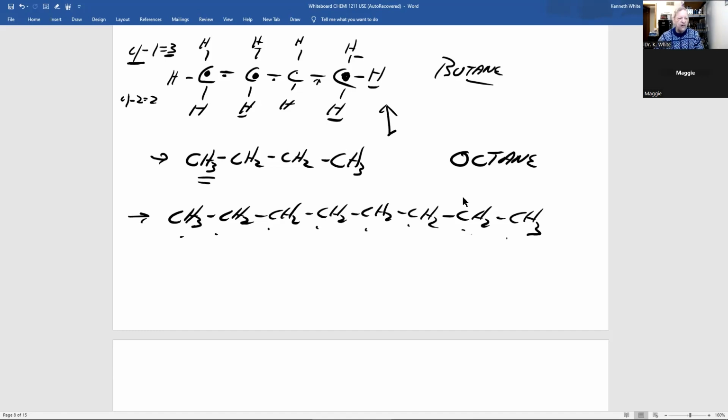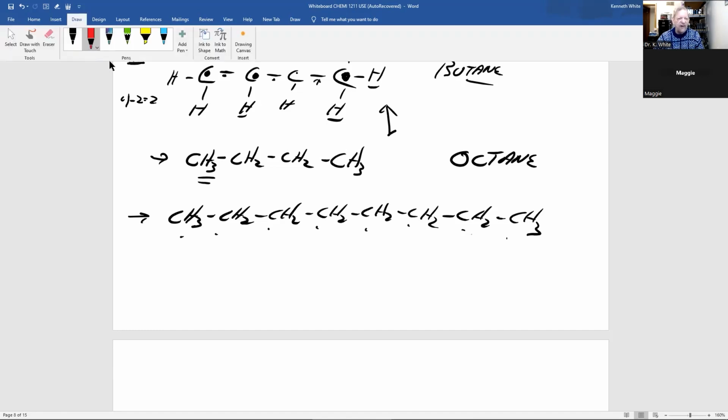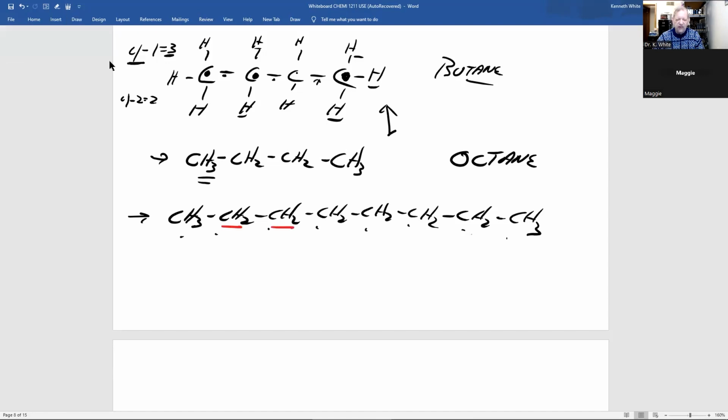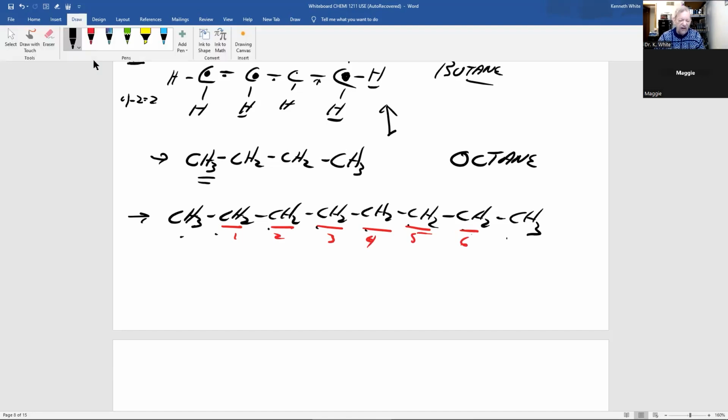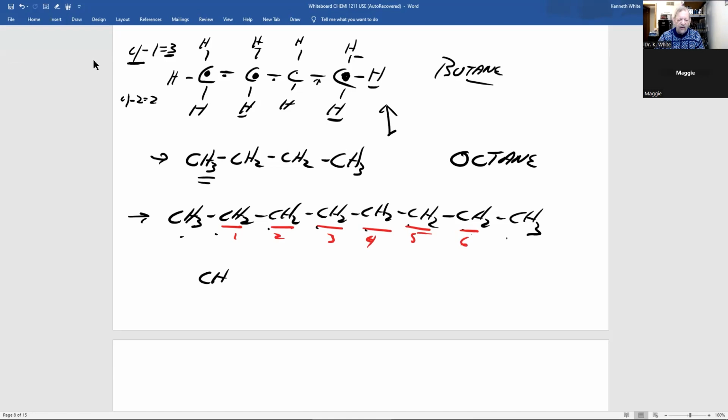But what I'd like to show you is parentheses, which I won't ask you to do, but you may see. Notice there's 1 CH2, 2, 3, 4, 5, 6. Because organic chemists are lazy, that was a long time to write. Sometimes you'll use parentheses: CH2 connected together is repeated how many times? 1, 2, 3, 4, 5, 6.